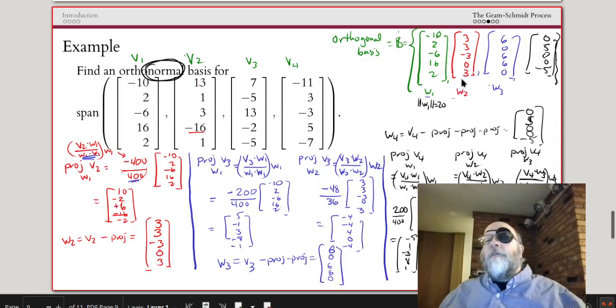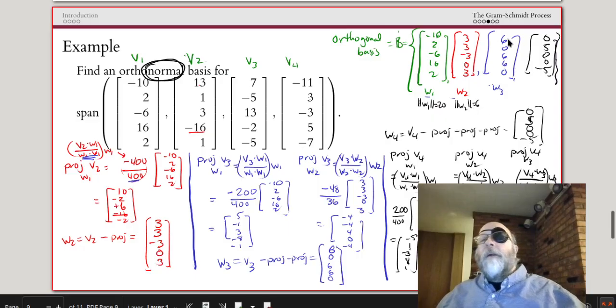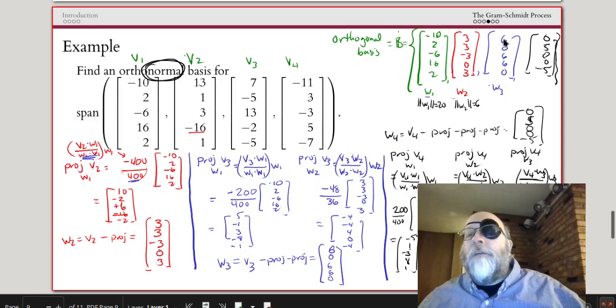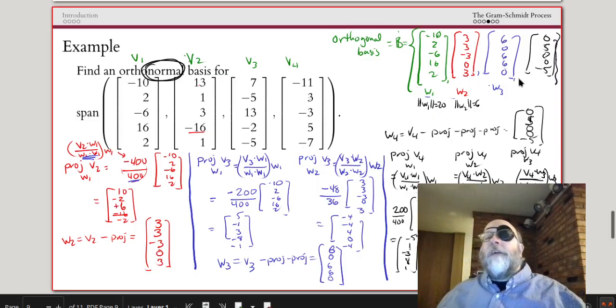The magnitude of W2 is the square root of 3 squared plus 3 squared plus 3 squared plus 0 squared plus 3 squared. Well, 9 and 9 and 9 and 9 add up to 36, and the square root of that is 6. So the magnitude of W2 is 6. All right, W3, 6 squared plus 6 squared plus 6 squared is 36 plus 36 plus 36 is 108.